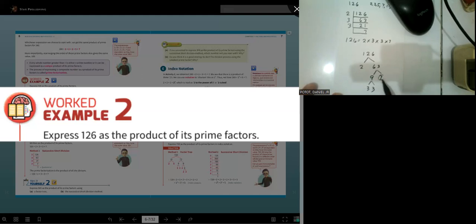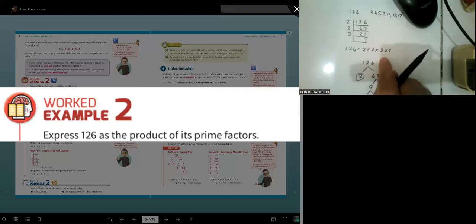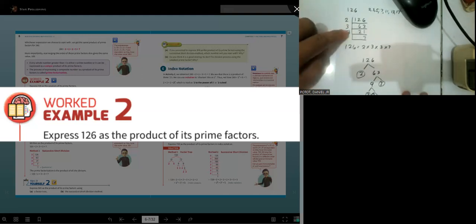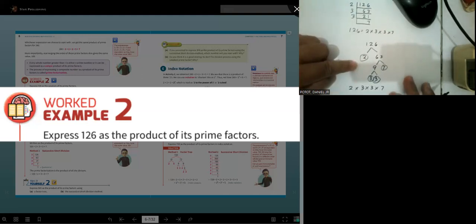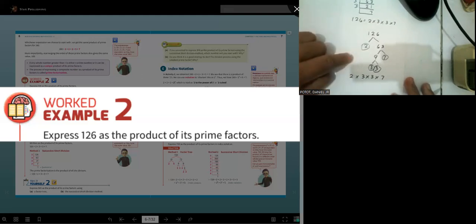So you stop when you have all prime numbers. Then you have 2 times 3 times 3 times 7. But for me, the easiest one is the first. So if I were you, I'm going to use that method and not this method, except if in the examination I ask you to use the prime factor tree.